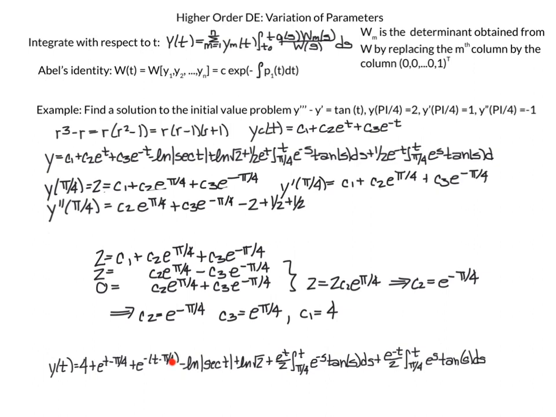And then I have my particular solution, which is equal to my natural log of secant t plus natural log of 2 plus 1/2 e to the t with my integral e to the minus s tangent of s plus my 1/2 e to the minus t and my integral e to the s tangent of s ds. So this is my final solution.